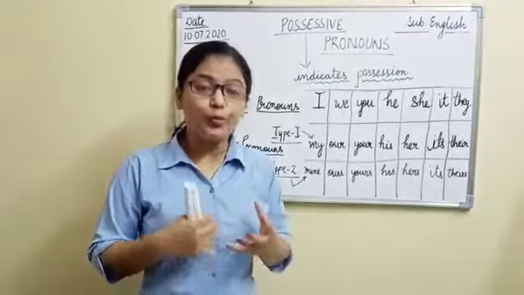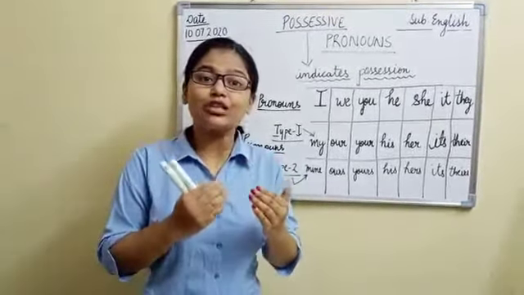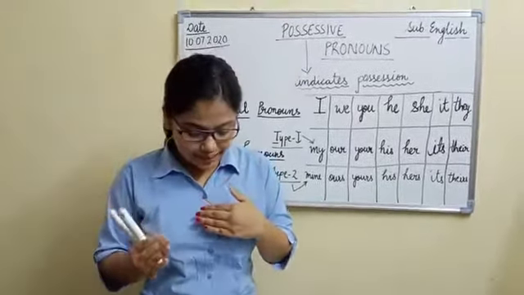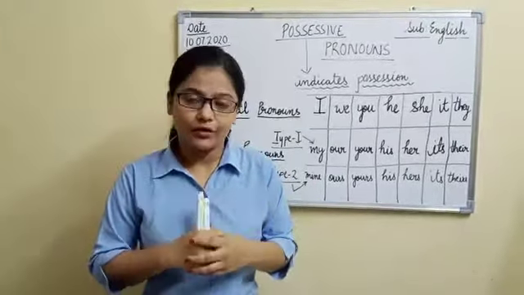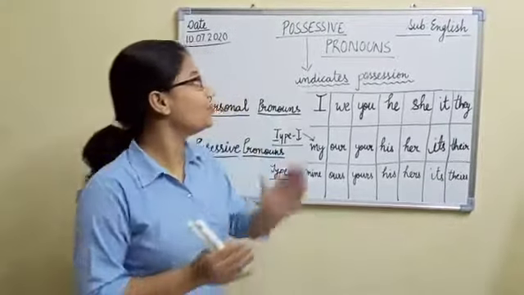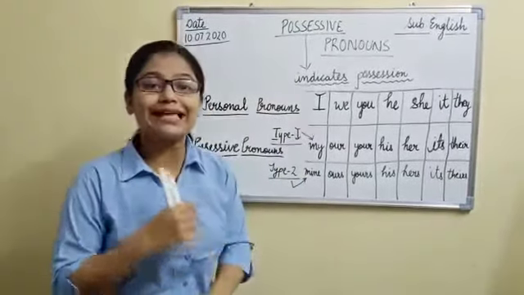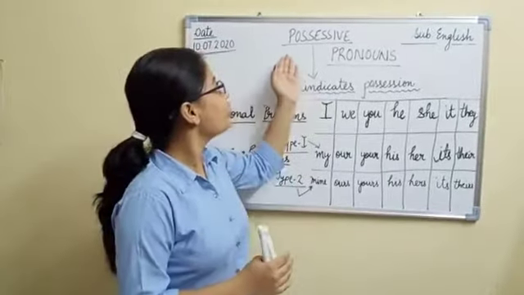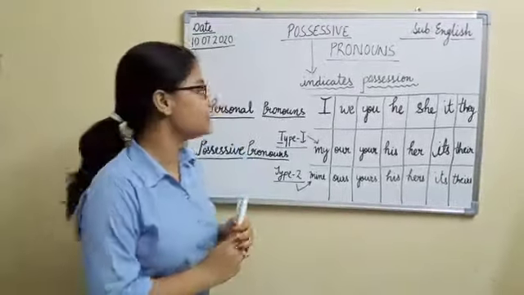So we talked about personal pronouns, and then based on the concept of personal pronouns, we did exercise A and B, right? Now, the concept which we are going to start today is the next concept of this chapter, and it is possessive pronouns. Right, students?